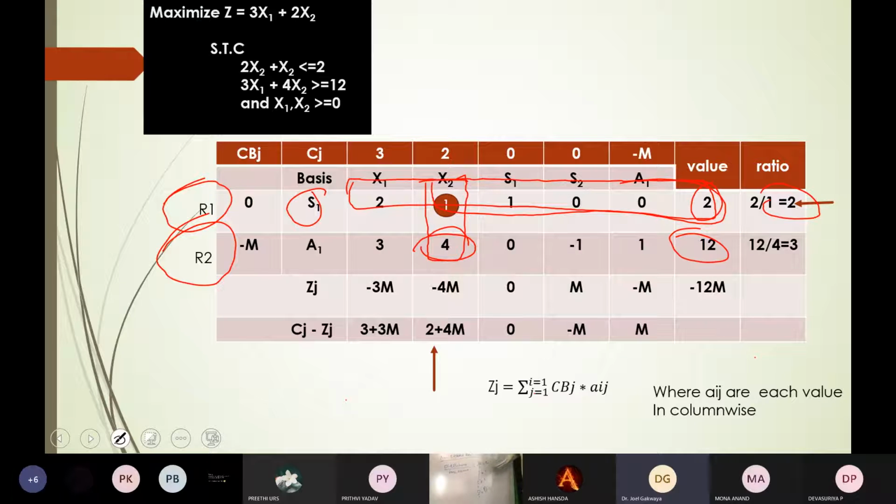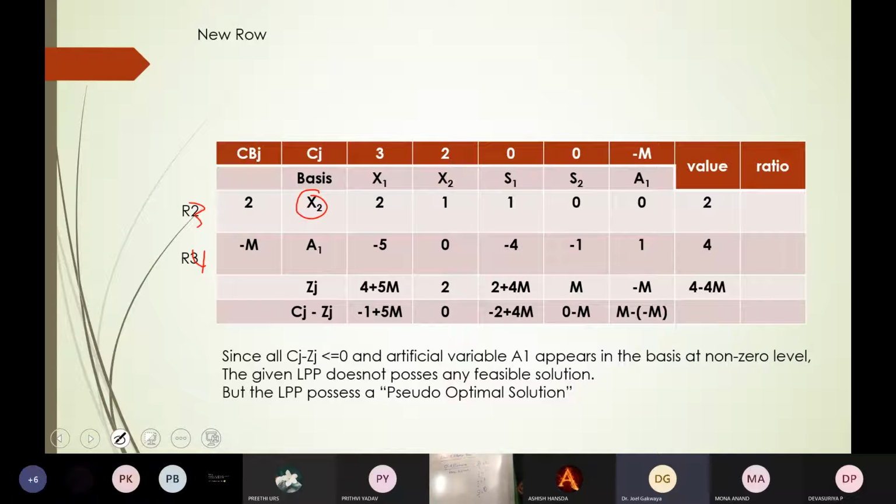Then you can calculate the row for A1. What is the value of x1?